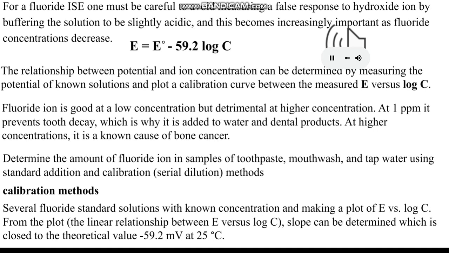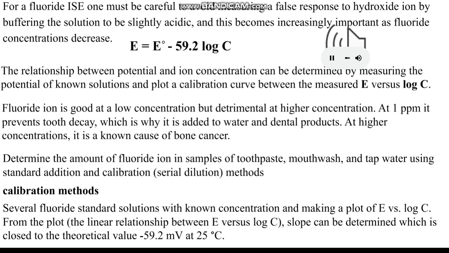For fluoride ion selective electrode, the interfering ion is hydroxide ion. Hydroxide can interfere with the measurement of fluoride. To avoid this interference, we again use a buffered solution.